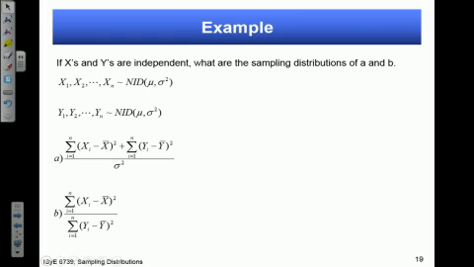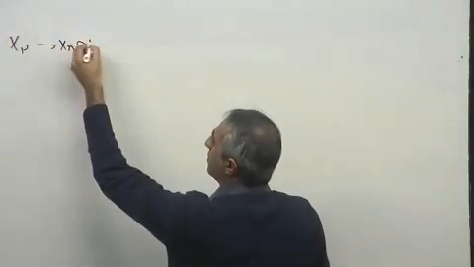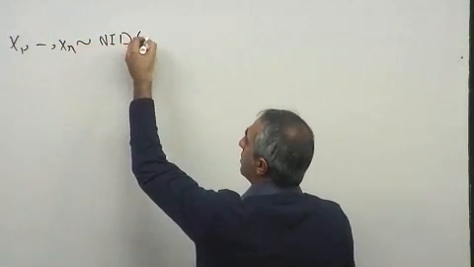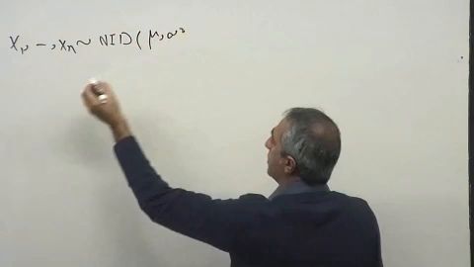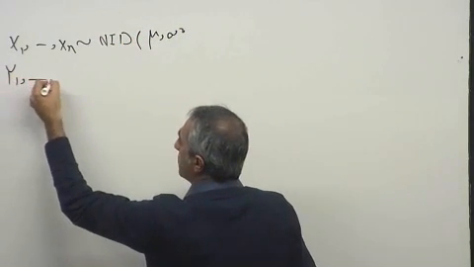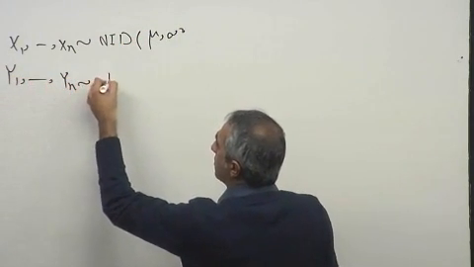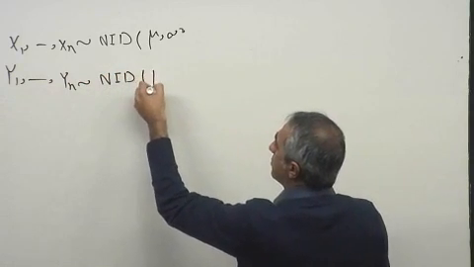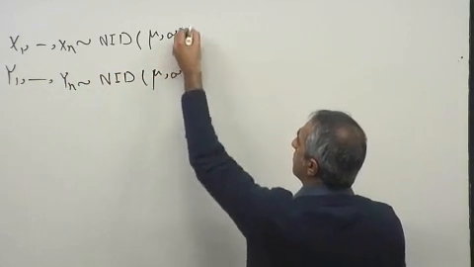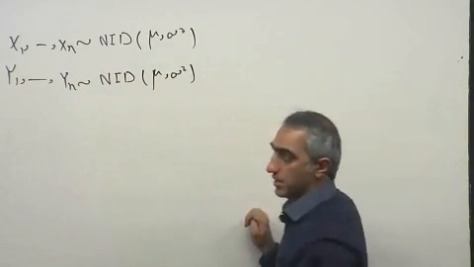We have X1 to Xn, IID, mu, sigma squared. The same distribution for the second population with the same sample size.